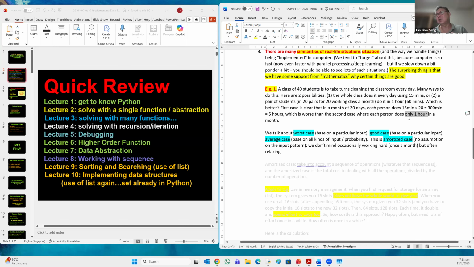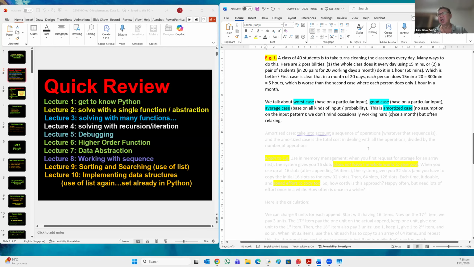So for each student, actually, it's less than 5 minutes. 60 divided by 20 is only 3 minutes. So the cost to each student is 3 minutes per day, instead of 15 minutes when they are all working at the same time. So the amortized cost is 3 minutes as compared to 15 minutes. Actually, it's quite good.